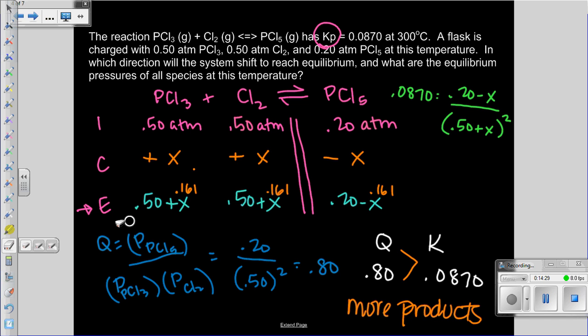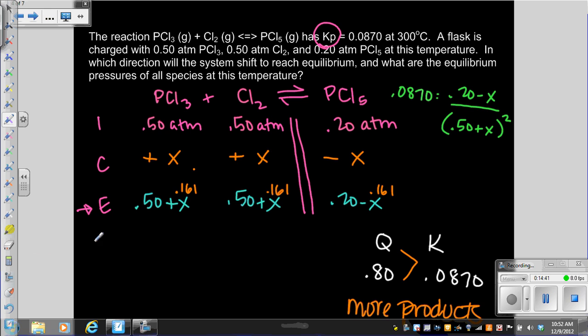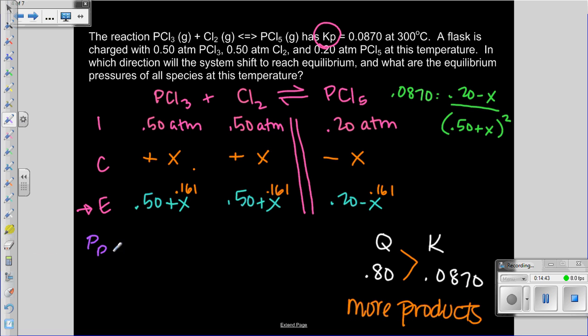So I'm going to erase our Q quickly. That'll give me room here. Okay. So the pressure of PCl3 is going to be equal to 0.50 plus 0.161. That gives us 0.661.